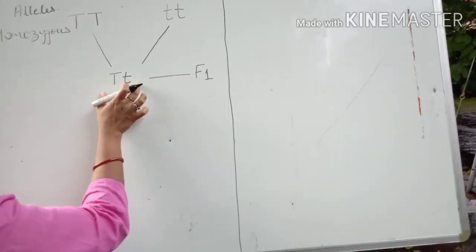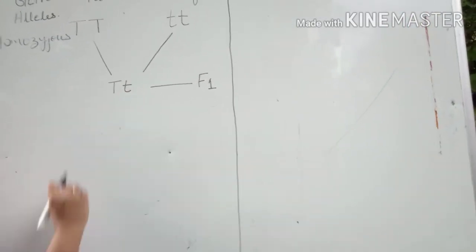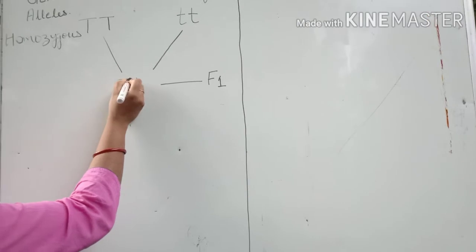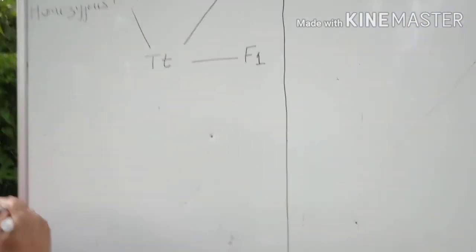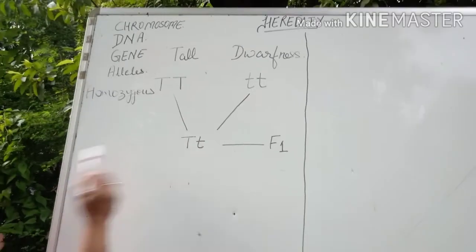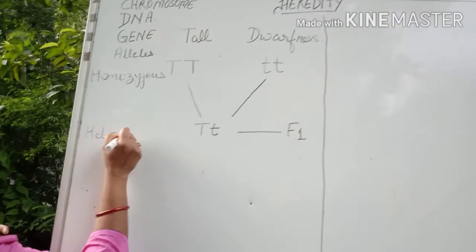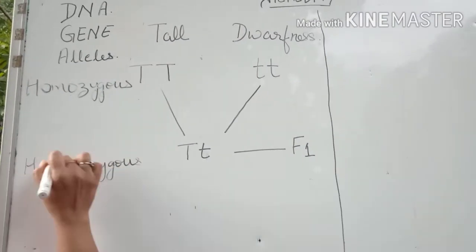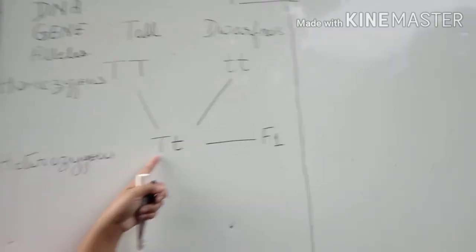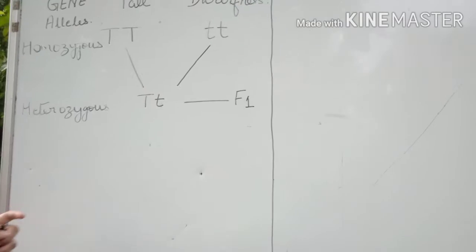The offspring of the first generation were having this character, and the alleles were of the capital T and small t type. This is called the heterozygous condition. The trait is denoted by the capital as well as the small t.